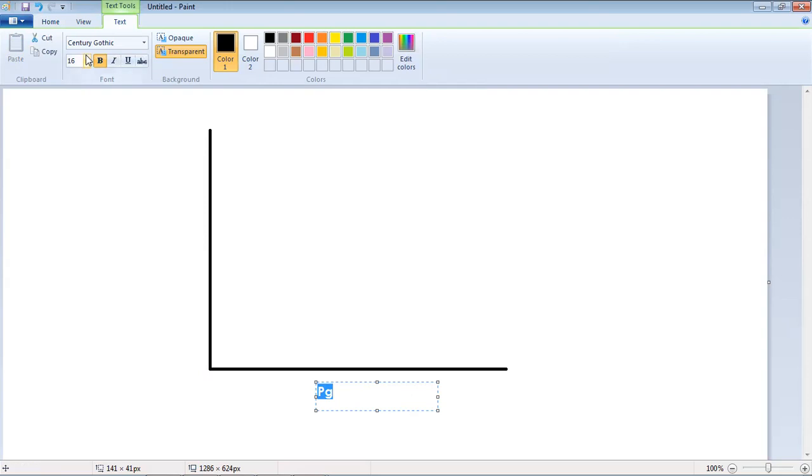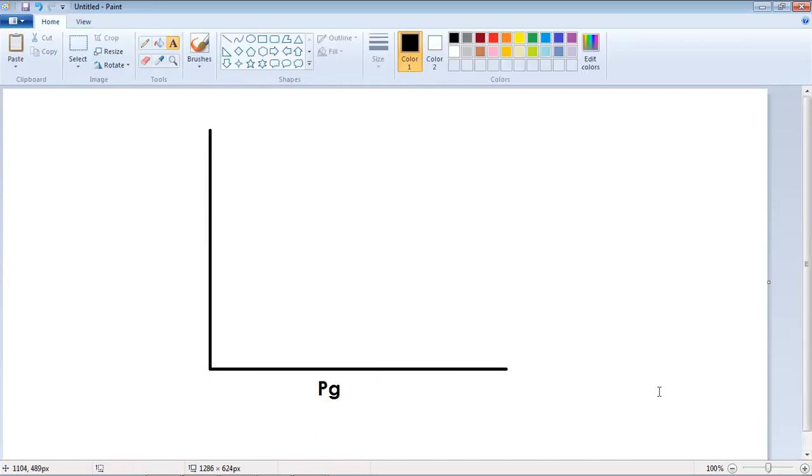So the x-axis is plasma glucose, and in the y-axis there are three attributes of nephron function. Let us write them one by one.